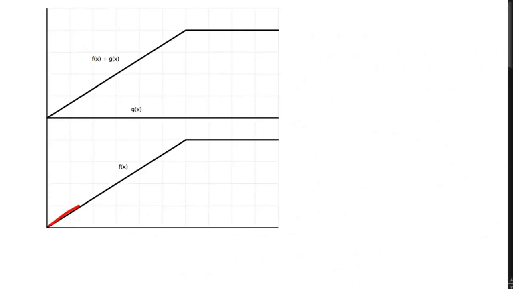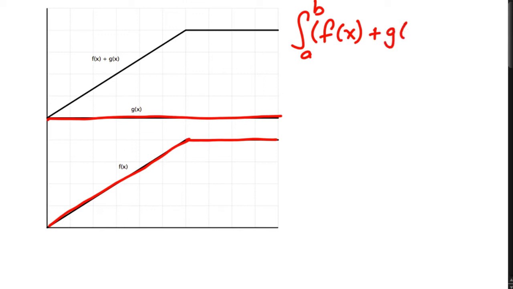And so here we have an example of two functions, f of x and g of x. And so the question is, what's the integral from a to b of the sum of two functions, f of x and g of x? And so this function right up here, this is the sum function.